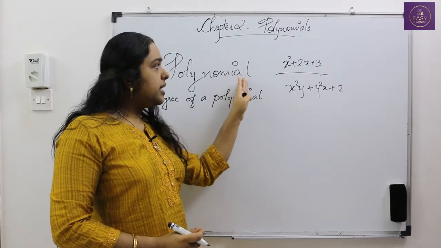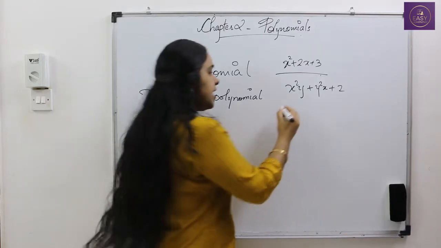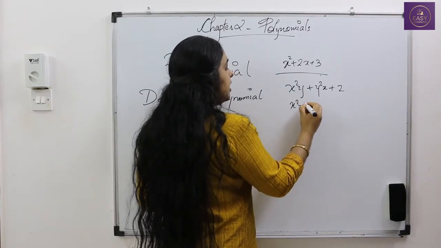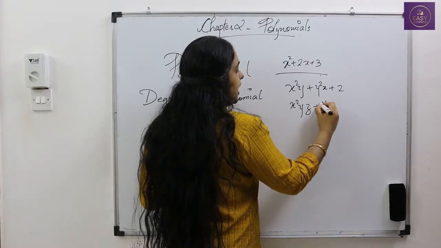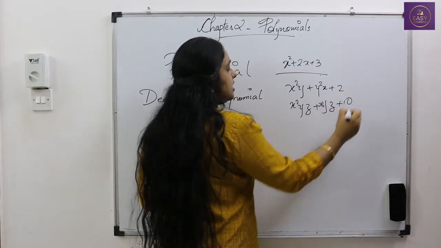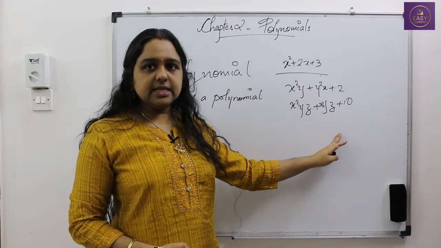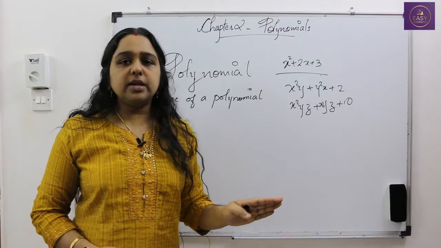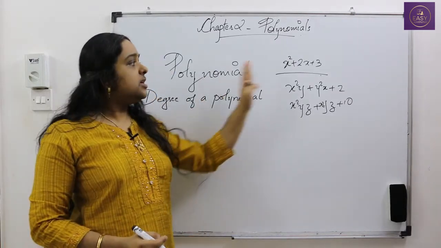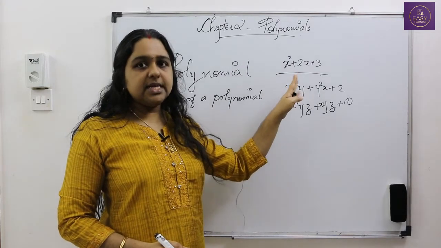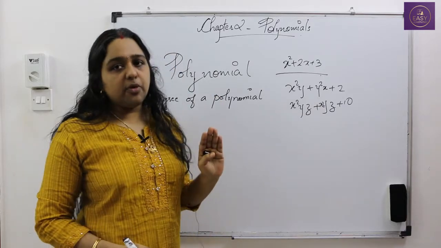Another example is x square yz plus xyz plus 10. This is also a polynomial with 3 terms. Is it clear? In this chapter we are dealing with polynomials with a single variable. So we need to understand the degree of a polynomial.